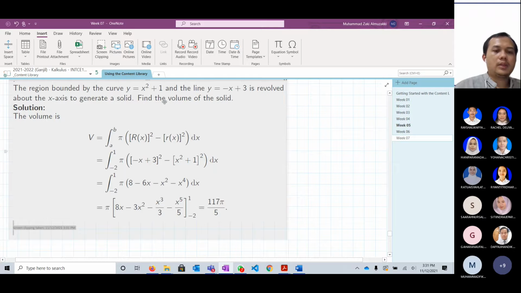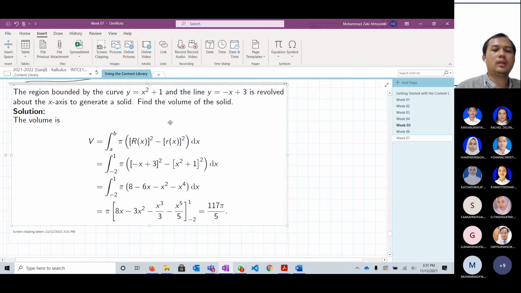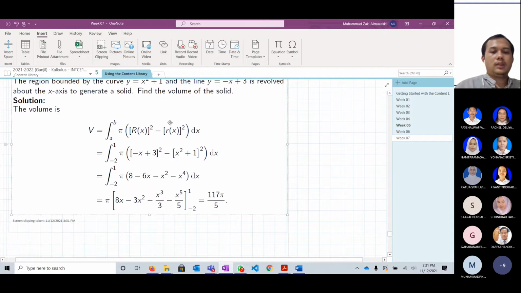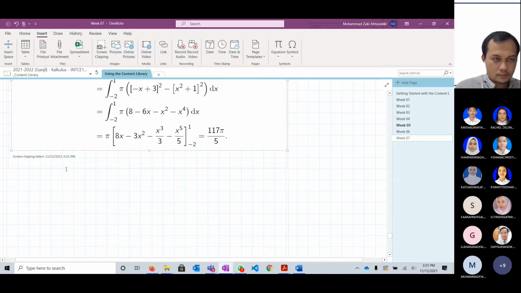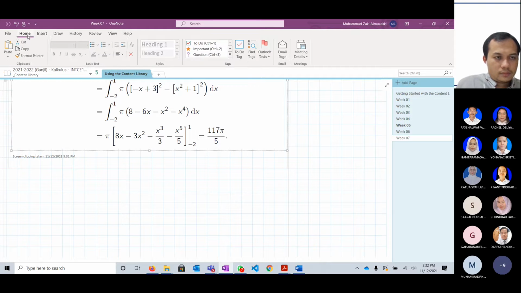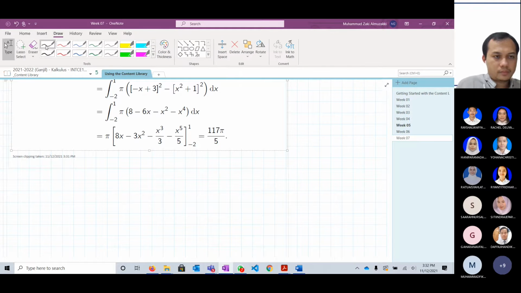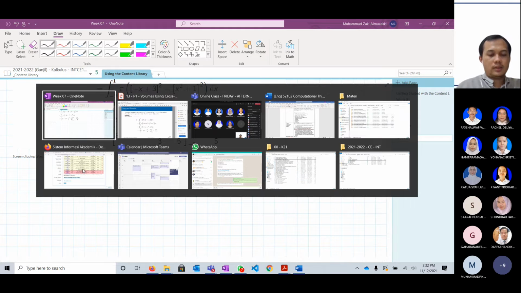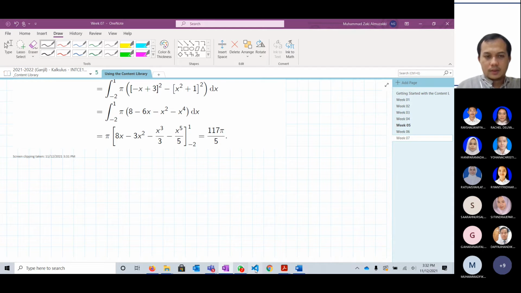The region bounded by the curve y equals x squared plus 1 and the line y equals minus x plus 3. Let me just draw it here.